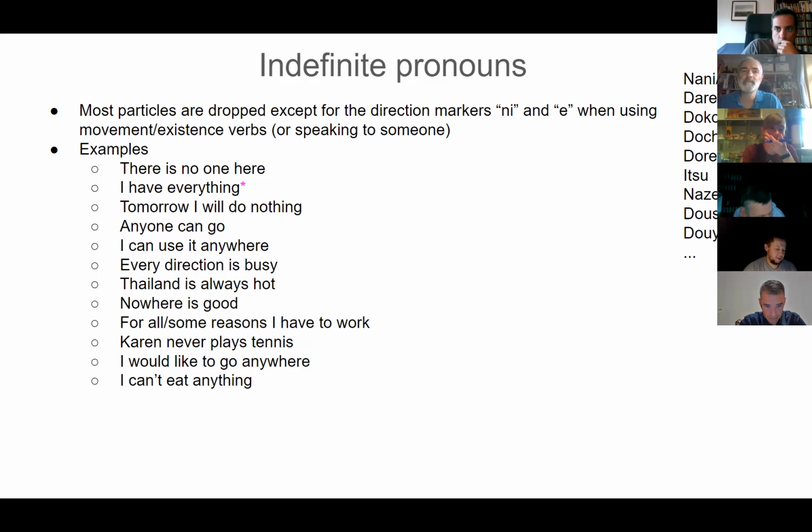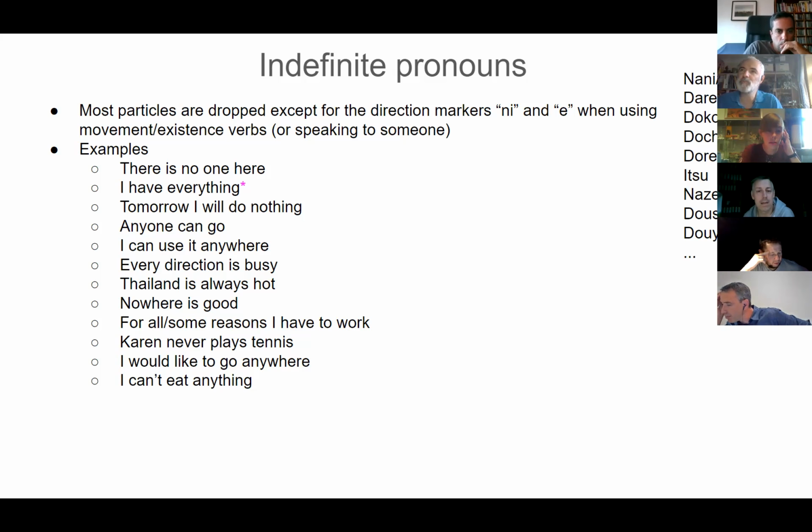どれでも食べません? If we're using the ability to eat, what would we say? どれでも食べられない.